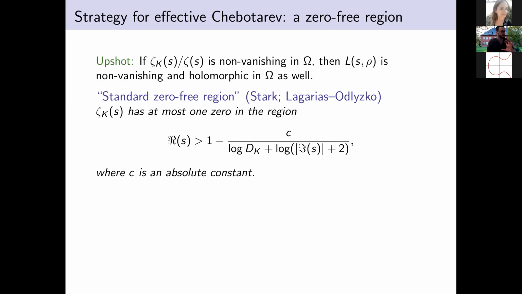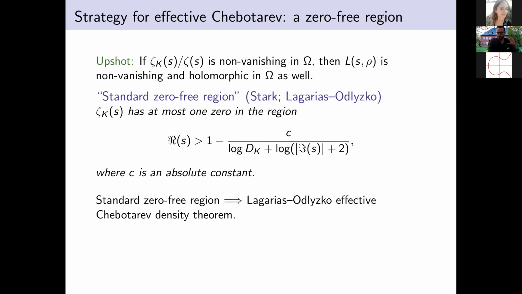And if you take this standard zero-free region and plug it into the machinery I was talking about on the previous slides, maybe no surprise given the names I've attached to this, you'll end up with the Lagarias and Odlyzko effective Chebotarev density theorem. This is very much not the language in which they talk about things, but I claim it's morally equivalent to what they're doing.